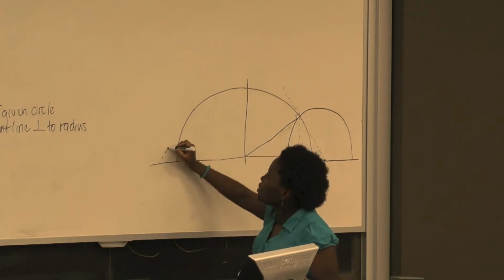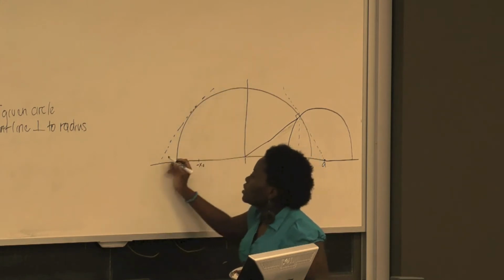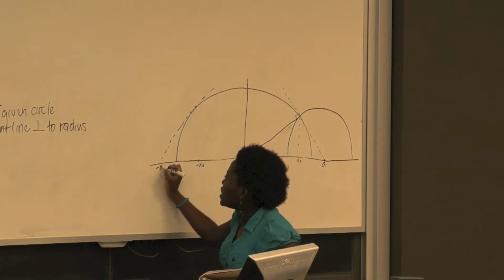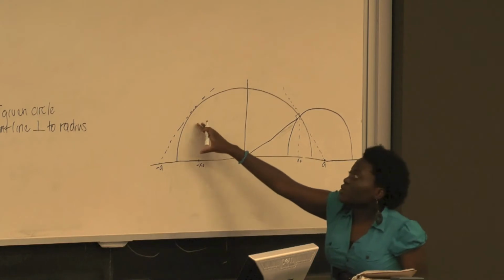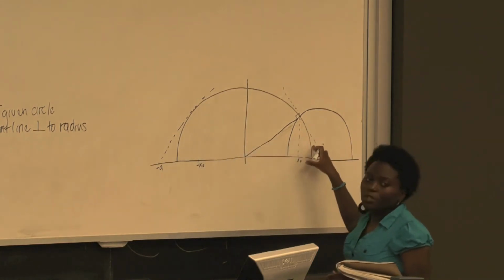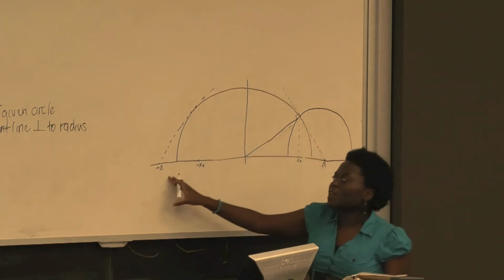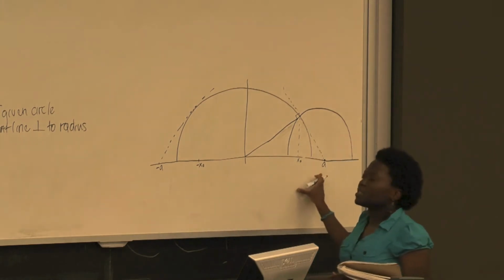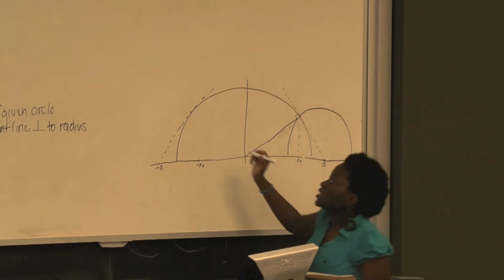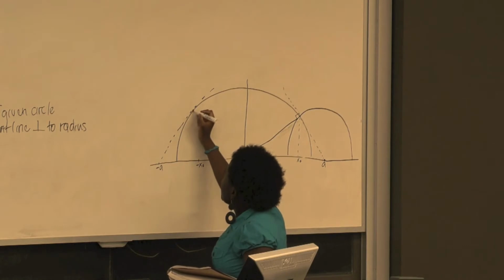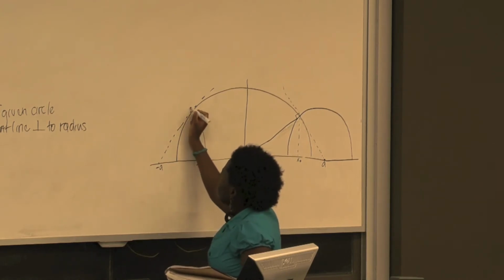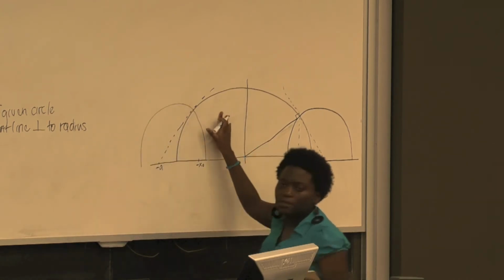So once you draw that tangent line, it will go through the point negative A, and this circle will have the same radius as that one, but it will be centered at negative A comma 0, while this one is centered at A comma 0. So really I just found two lines that are tangent to this first one.